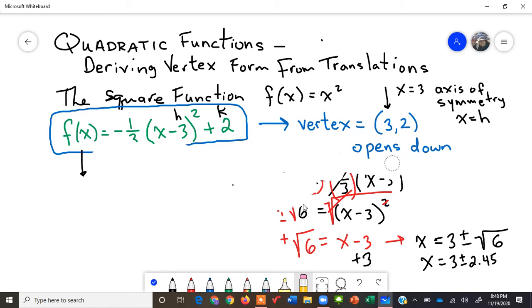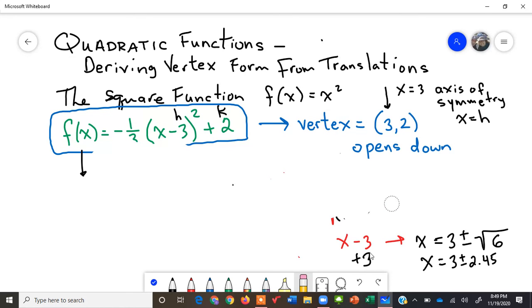I did not note that earlier. Well, I noted it, but I didn't write it down. So let me write it down here when I finish erasing. So we had found that the y-intercept was the point 0, negative 1.